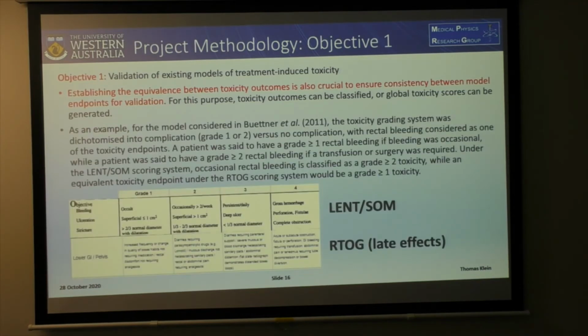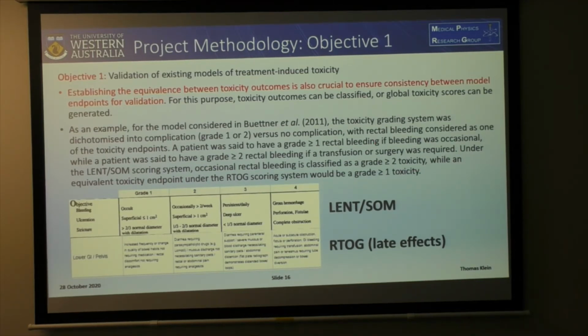As another example, if we consider the dose surface map studied by Buchner, the toxicity grading system was dichotomized into either a grade 1 or grade 2 toxicity versus no complication, and one of the considered endpoints was rectal bleeding. The authors gave a grade 1 rectal bleeding to be defined as occasional, while they defined grade 2 as requiring transfusion or surgery.